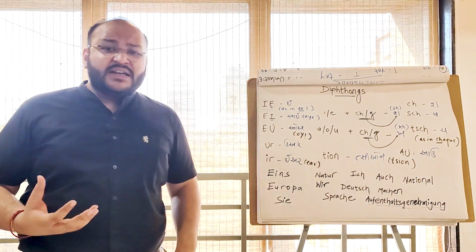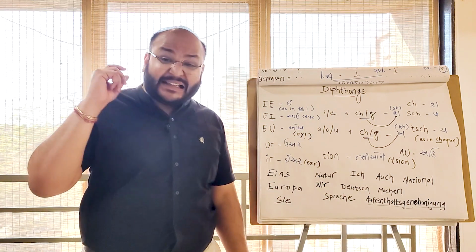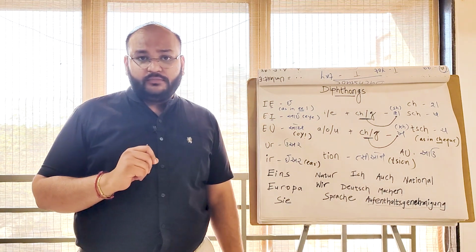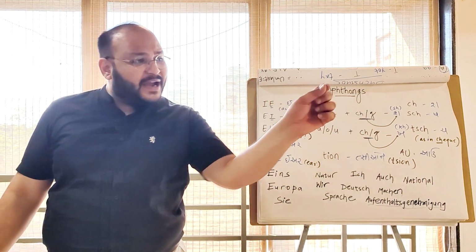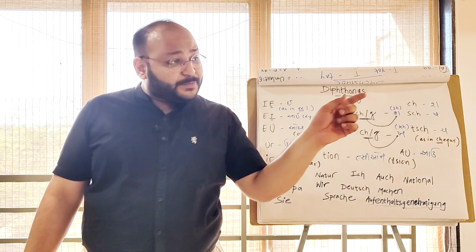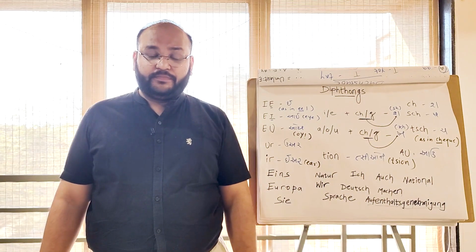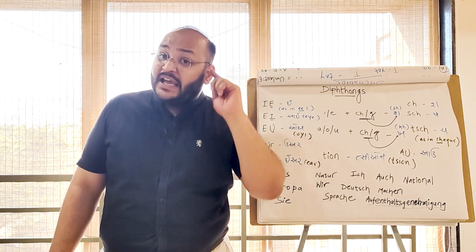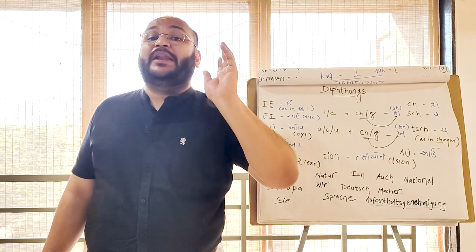Now, see how important and crucial learning the pronunciation is. I want to make it clear at the outset. If you know the pronunciation rules, then just by looking at the word, you don't need anybody's help. Just by looking at the word, you know how to pronounce it. Second thing, if you know how to pronounce it, then it also means that you can make the spelling of it.